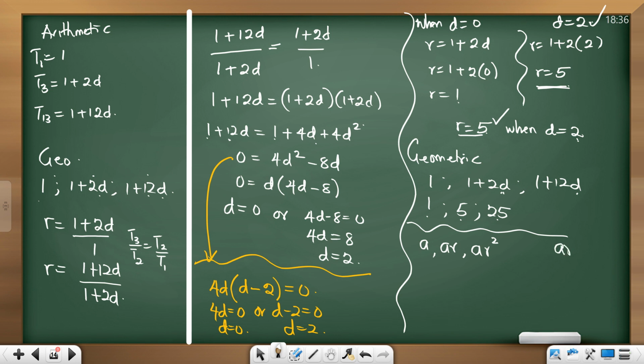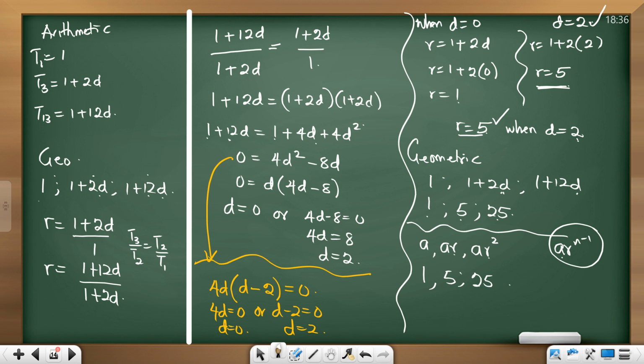This is the general formula. So what is my A? 1. What is my R? 5. So 1 times 5? What is my R again? 5. 5 squared? 25. 25 times 1?